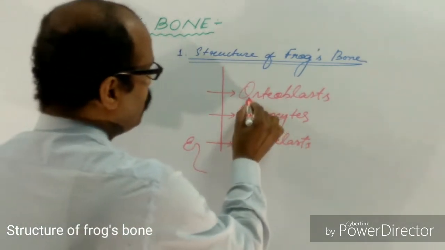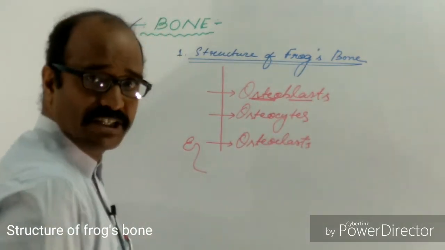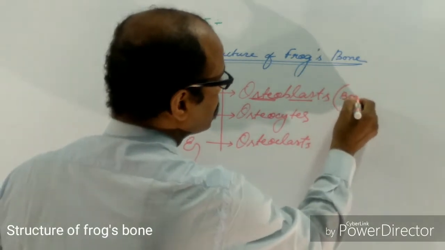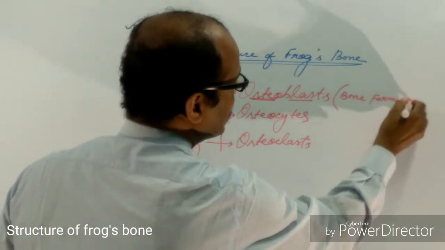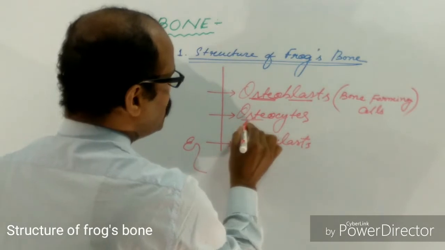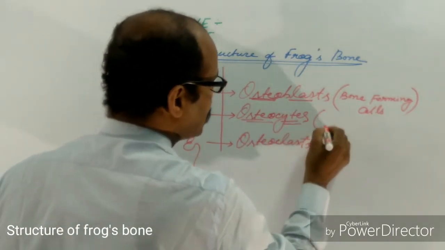Osteo means bone or osseous protein, blast means formation. So this is the bone forming or secreting cell. Osteo means bone or osseous, cytes means cells.